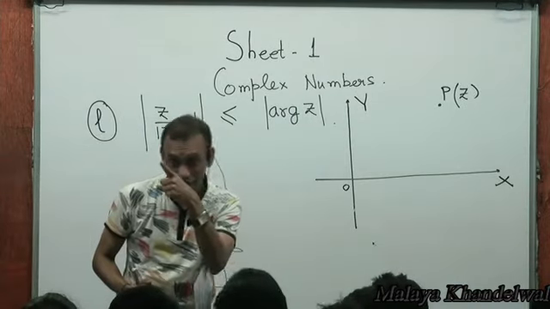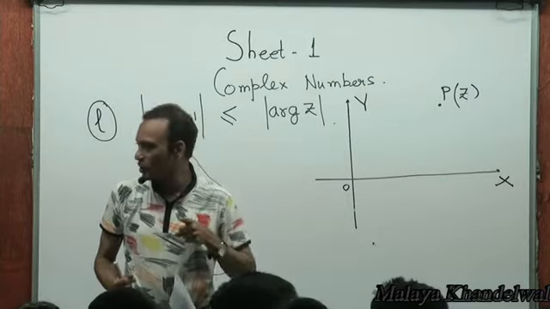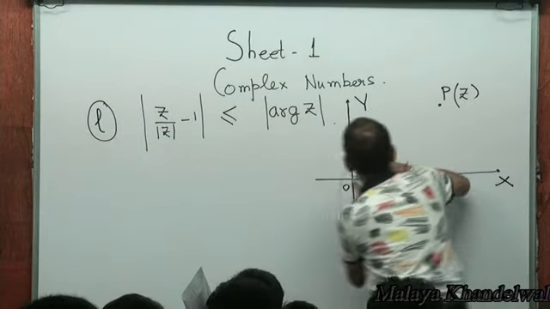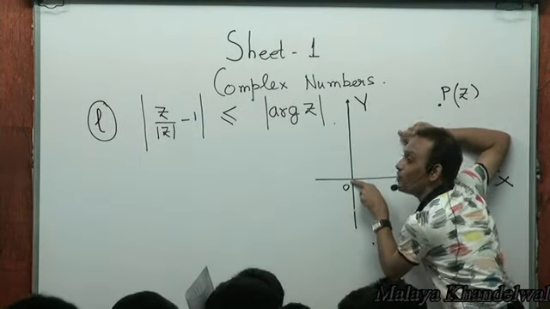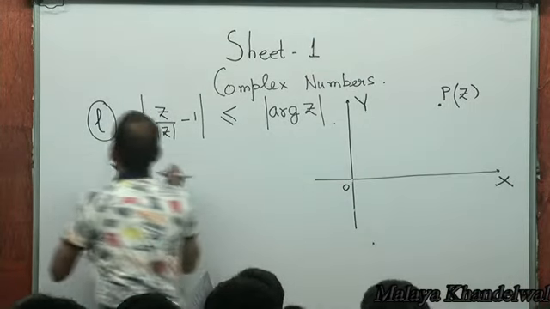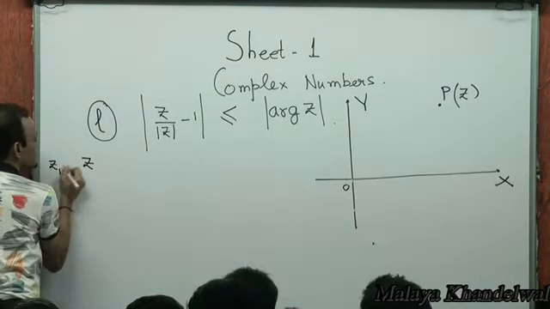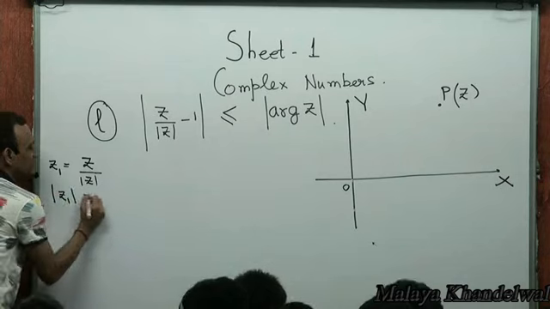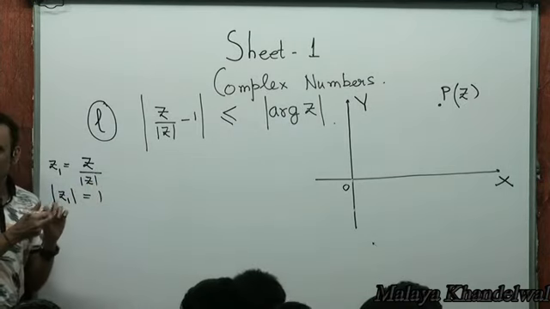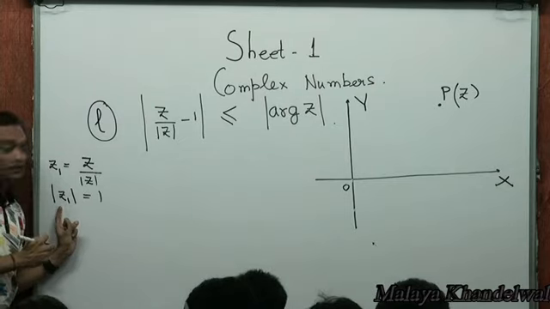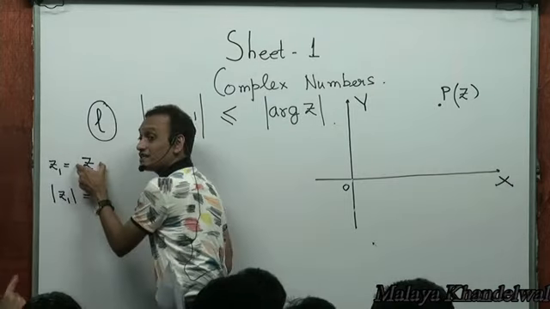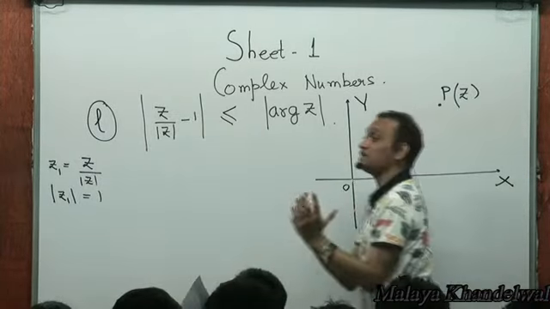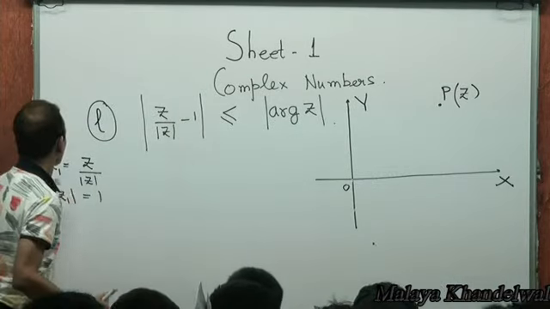A unit vector in the direction of Z. A vector Z divided by mod Z is a unit vector in the direction of Z. That means Z by mod Z is located on OP, 1 unit away from O. Z1, which is Z by mod Z, is a vector such that mod Z1 is 1, because mod Z1 is mod Z by mod Z, which is 1. So it's 1 unit away from the origin, and the direction of Z1 and the direction of Z is the same. This is the direction of Z, this is the direction of Z1, and Z1 is a unit vector in the direction of Z, isn't it?